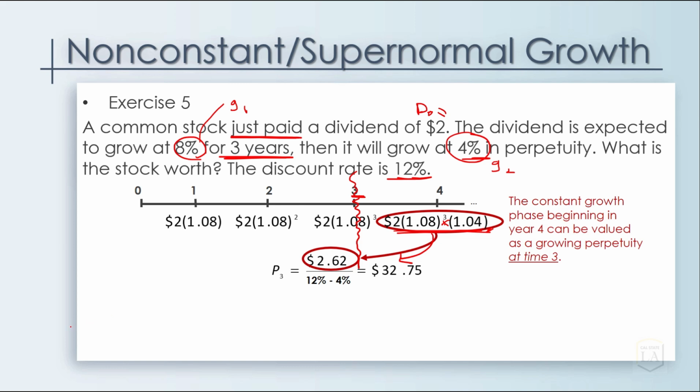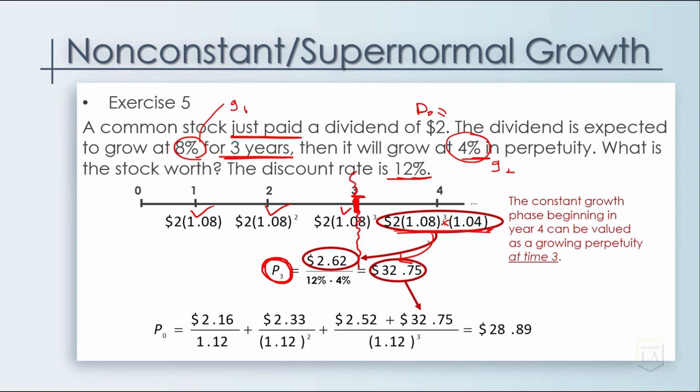So your second stage, or second half, or first step, has been tackled. And then let's come back to the first half, which is your step 2. Step 2 will be computing the present value of all these dividends until year 3, and also this value in year 3, because this is taking care of everything after this point. So using all these amounts, 2.16, 2.33, 2.52, and also 32.75, we are trying to figure out the sum of the present values.